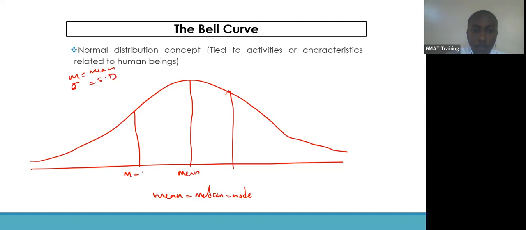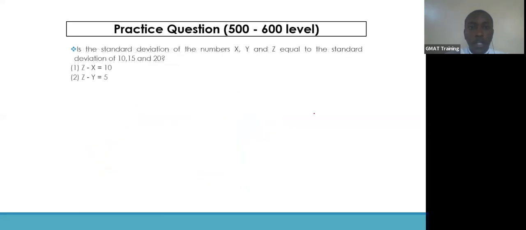So this is the mean minus the standard deviation, and this is the mean plus the standard deviation. The distance between the mean and one standard deviation is usually 34% to the right-hand side and 34% to the left-hand side.